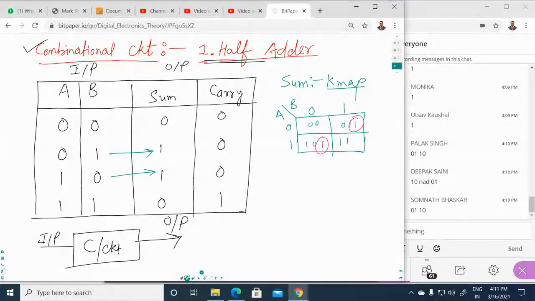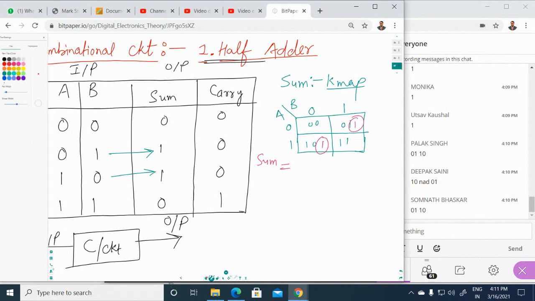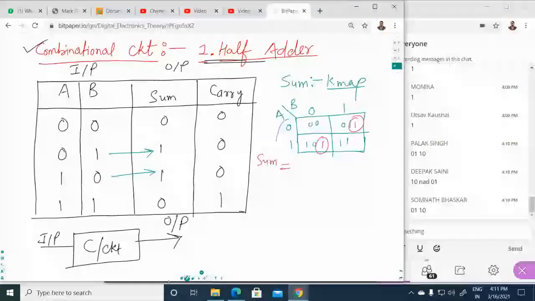make the equation. So how can you make the equation? Give the expression. Sum equal to, give the expression. Everyone understood from here? Okay, I am giving you the shortcut method right now. If your values are changing from 0 to 1 or 1 to 0, you have to exclude these values.